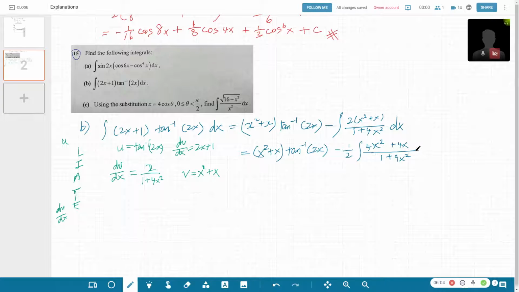So what I want to do here is to use the trick of plus 1 minus 1. This adds 0 and it doesn't change the equation. Why we do that? Because 4x squared plus 1 divided by 1 plus 4x squared is going to be just 1.